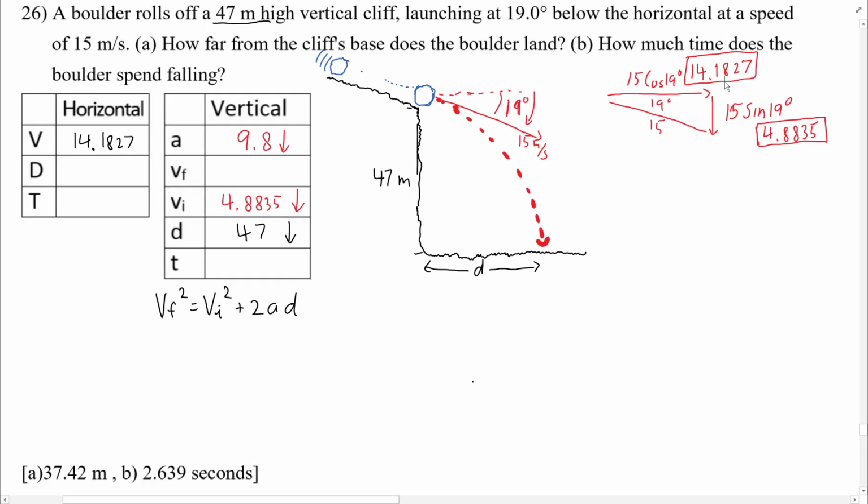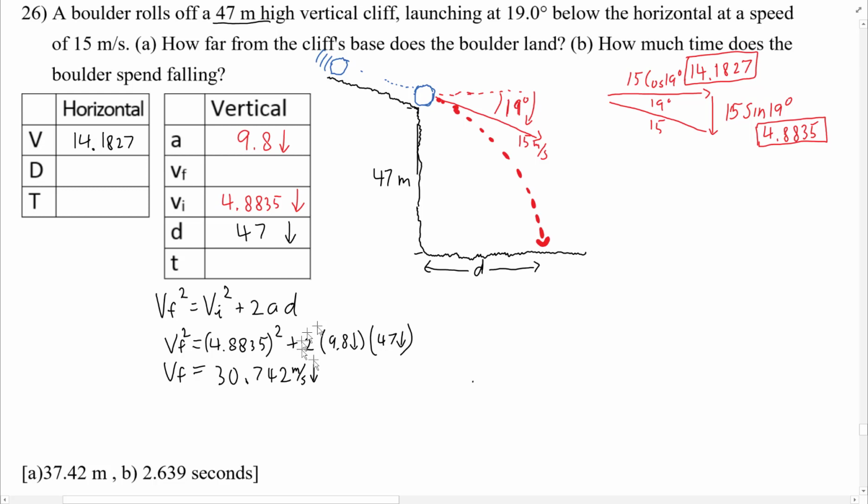So if we're going to solve it vertically first, we'll put the numbers in. And we get VF squared equals VI squared, which is 4.8835 squared, plus 2 times A times D. A and D are in the same direction. Since they are the same direction, if you put them both as negatives, this term will be positive. And if you put them both as positives, this term will be positive.